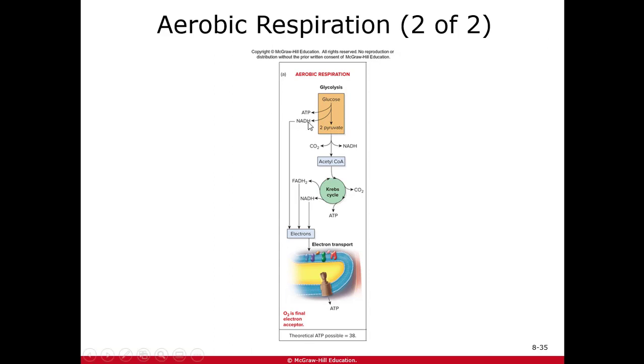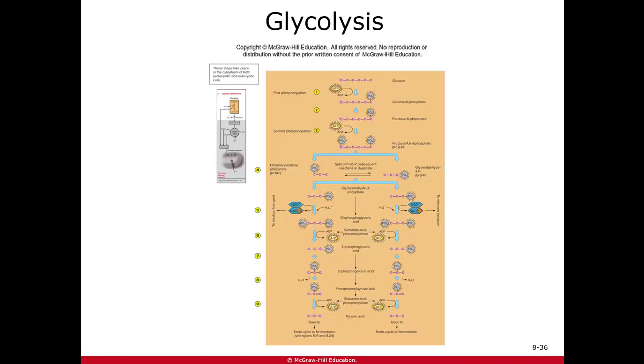Now, what we get out of it for ATP. At the very, very top of this process, 2 ATP have to go in. The reason why? You need some activation energy. Reactions don't just happen spontaneously. You need a little energy to get these things started off. So we're going to put a couple ATP in. Then we're going to take that 6-carbon sugar and split it, doing lots of things to it that I don't care about.